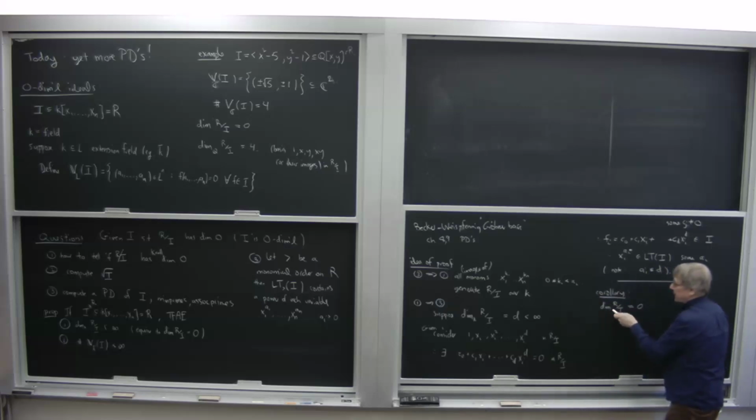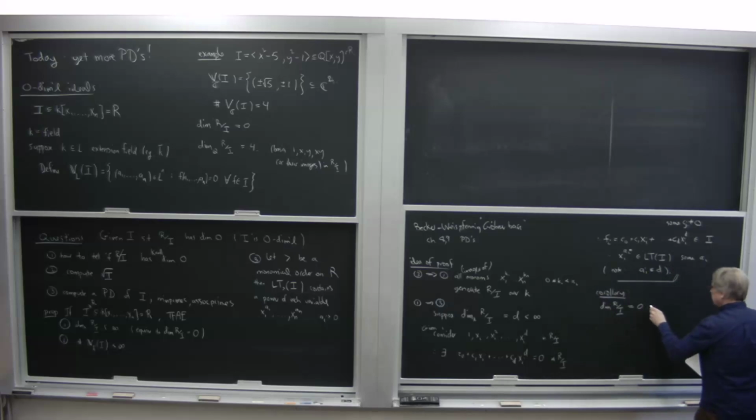I will be pretty careful about putting the sub k if I'm thinking vector space dimension. So this is equal to 0 if and only if for every i between 1 and n, there exists a univariate polynomial in xi in k[xi] and in I. So that's kind of a cool little fact.